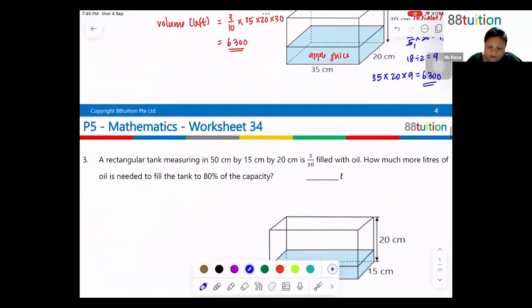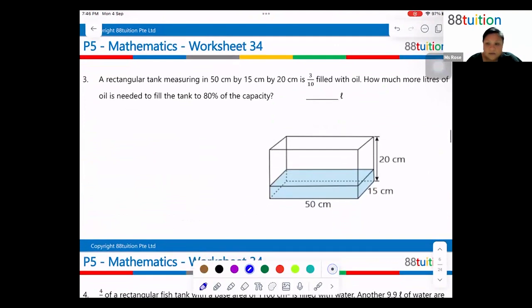Okay, now question number 3. What do we have here? So we have a rectangular tank measuring 50 by 15 and 20. So I just label length, breadth, and height. It is 3/5 filled with oil.